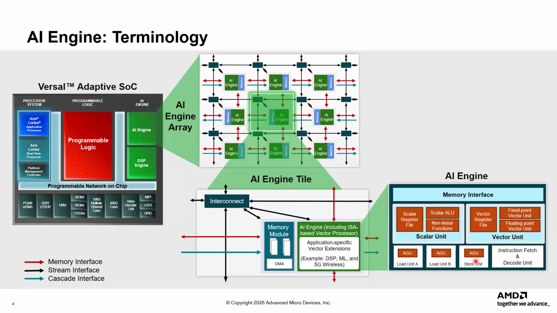So when you think of it that way, you start to see this is where the performance is coming from. The fact that I can actually do multiple overlapping things every clock cycle. This is why this is referred to as a VLIW, very long instruction word, because within that 128-bit instruction word, I am doing multiple operations each and every clock cycle. And this is where the performance comes from for the AI engines.